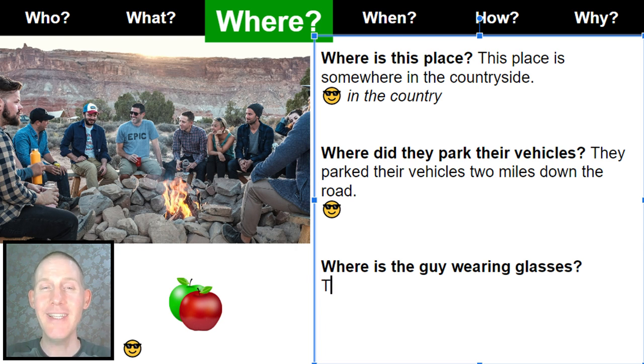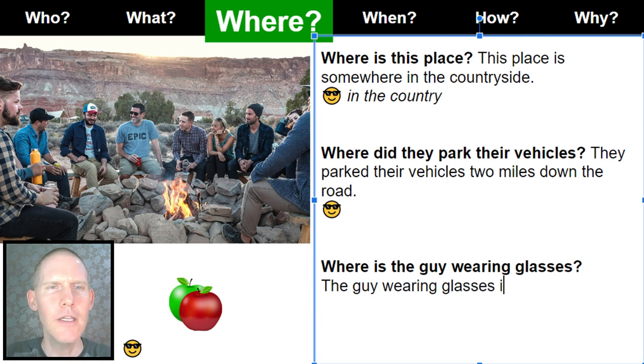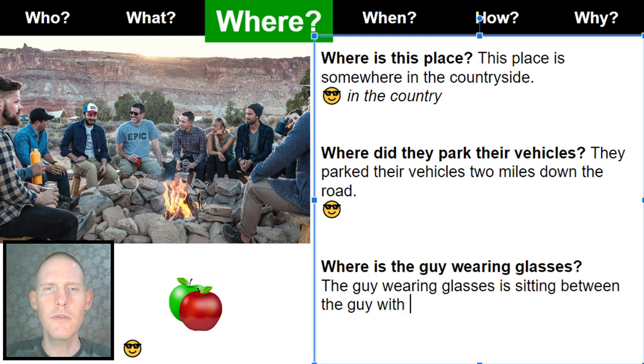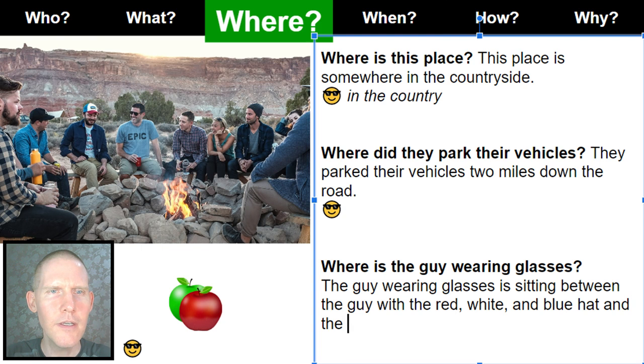The full complete answer: the guy wearing glasses is sitting between the guy with the red, white, and blue hat and the guy wearing a plaid shirt.